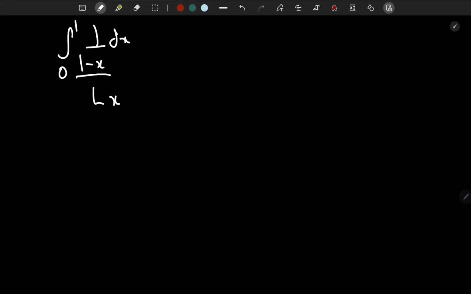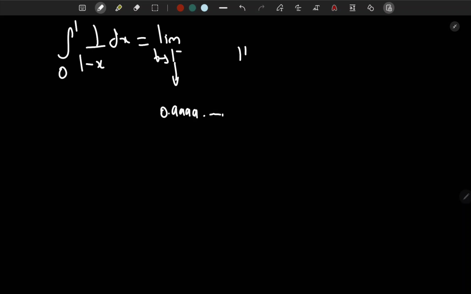So we cannot have x equal to 1, right? So here we need to take a limit for 1. So this is equal to limit b approaching 1 minus, this means that it is going to 0.9999 and so on, but never 1 basically.